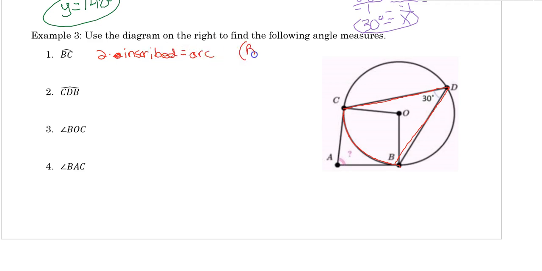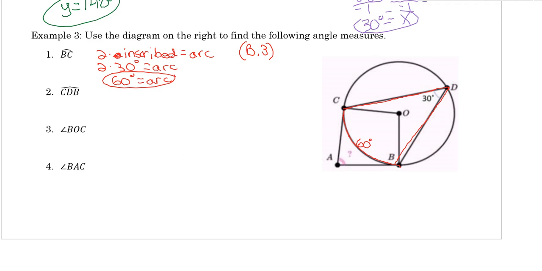That's from before, right? So 2 times 30 degrees equals that arc. So the arc equals 60 degrees. And I'm going to put that here so that I can remember that.